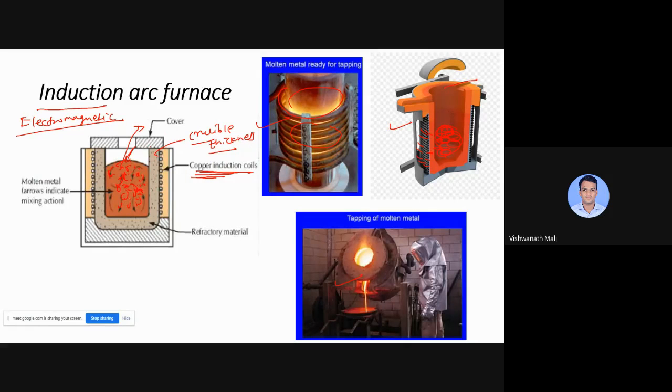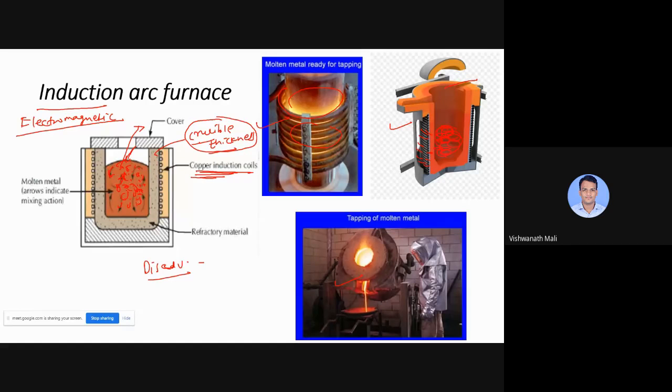Here, what are the advantages? First of all, crucible thickness. As the crucible thickness is less, the crucible cost is less. That is the main advantage. Then the disadvantage: the main disadvantage is that only electrically conductive materials we can use in this, because that should generate the secondary current in the induction furnace.